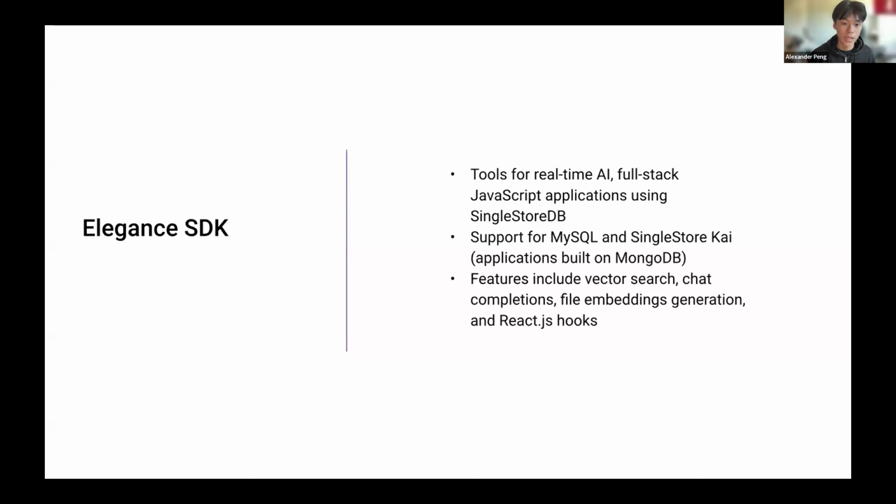It bundles in commonly used Gen AI functionalities like vector search, and includes a bunch of best practices built in, so you don't have to worry about that. And as a developer, you can just jump right in and start building.